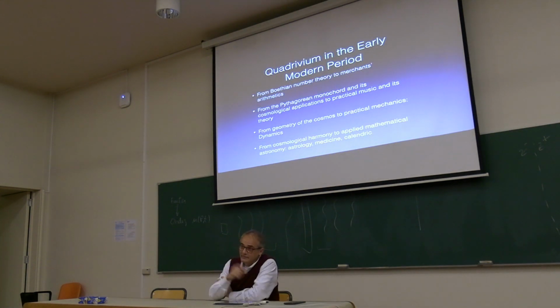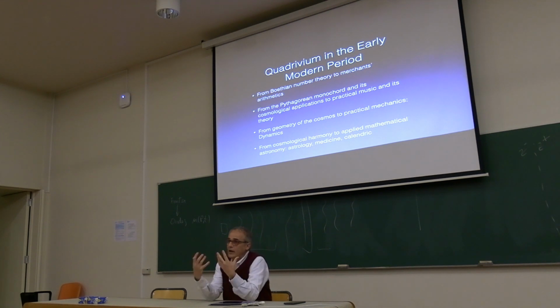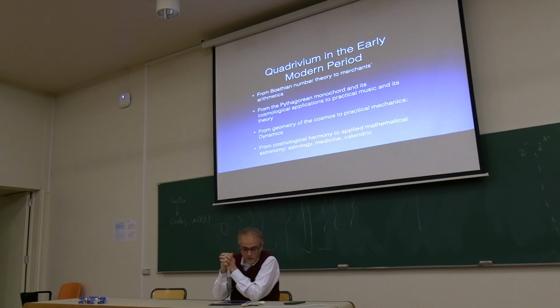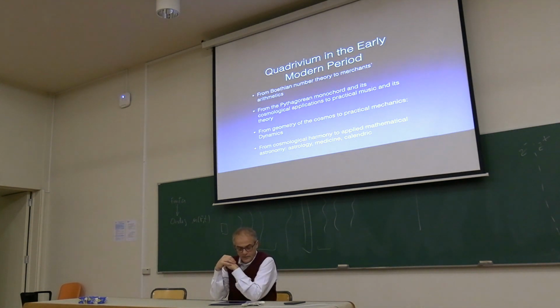So this is really the end. And the end is just a little summary. And of what I have said, we are from the number theory to the merchant's arithmetics, Pythagorean monochord and this cosmological application to practical music and beat theory, from the geometry of the cosmos to practical mechanics.